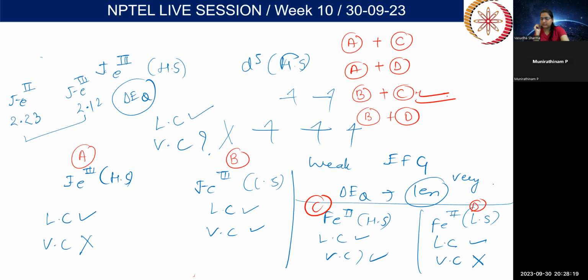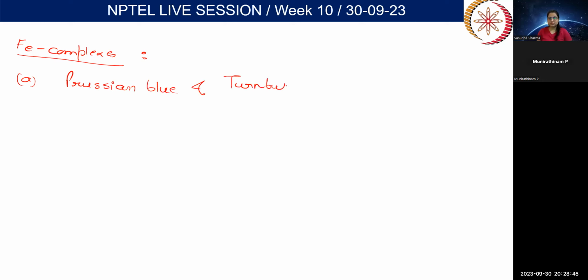Now we will quickly take up some examples from the iron complexes on which assignment questions are generally based. So generally we have mostly the iron complexes like in this particular form. So you might have heard about the Prussian blue and Turnbull's blue.